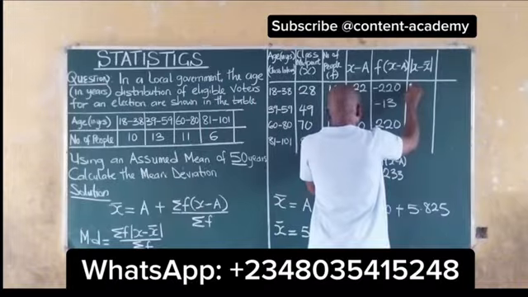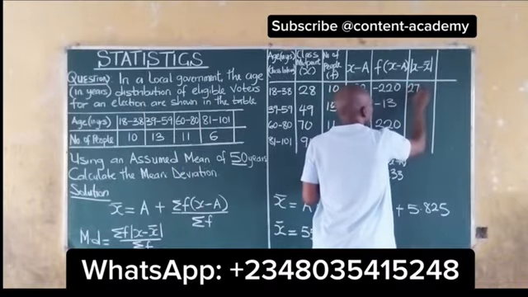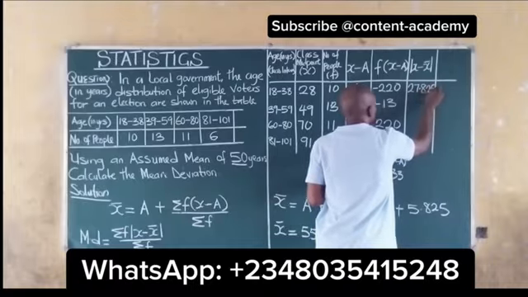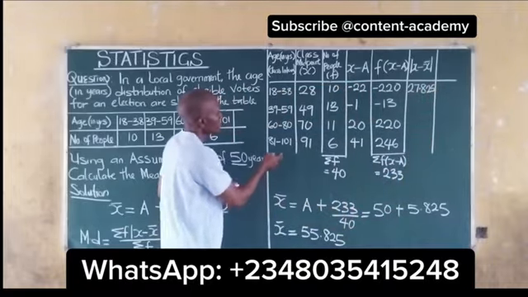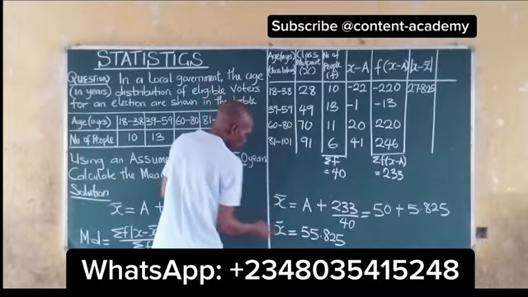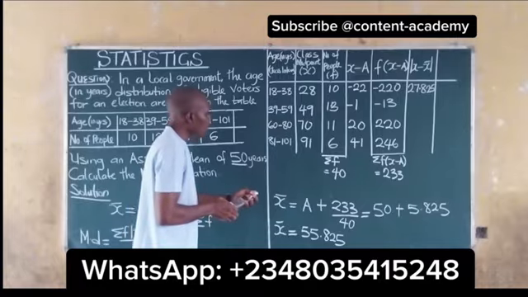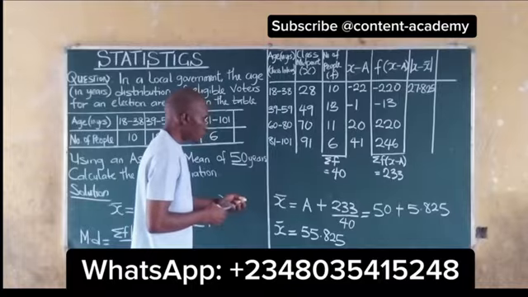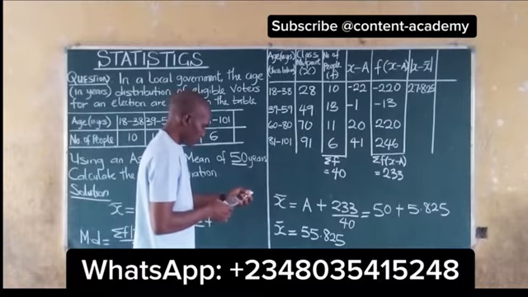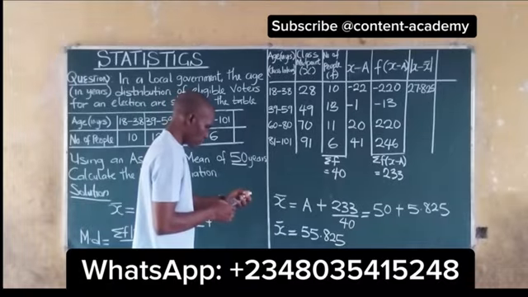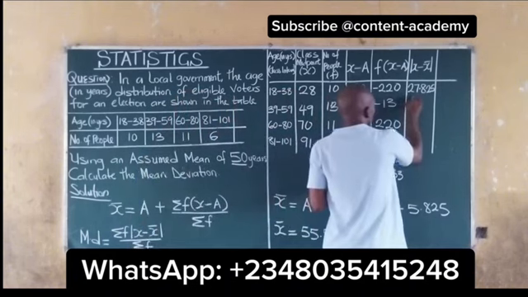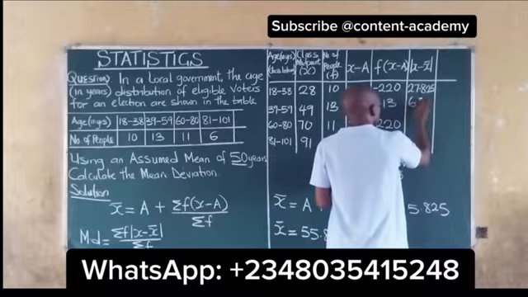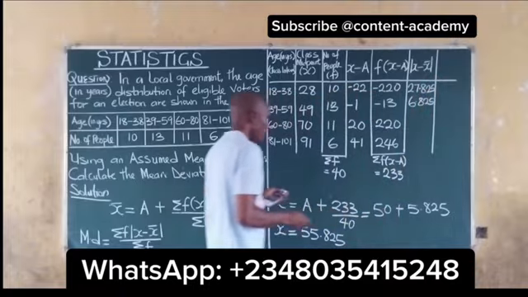We will write it positive 27.825. The next one is 49 minus 55.825, which is negative 6.825, but we can't write the negative sign because of what we have here.